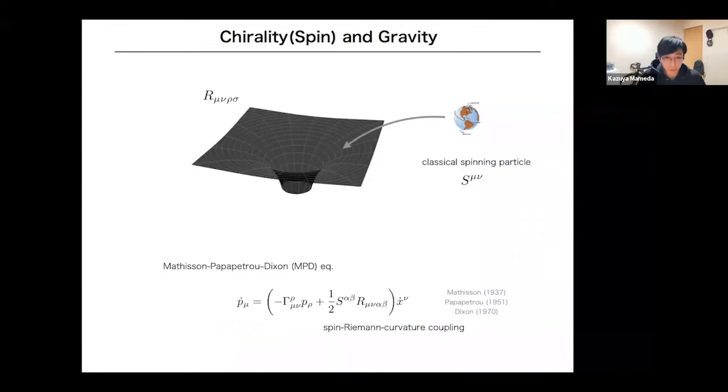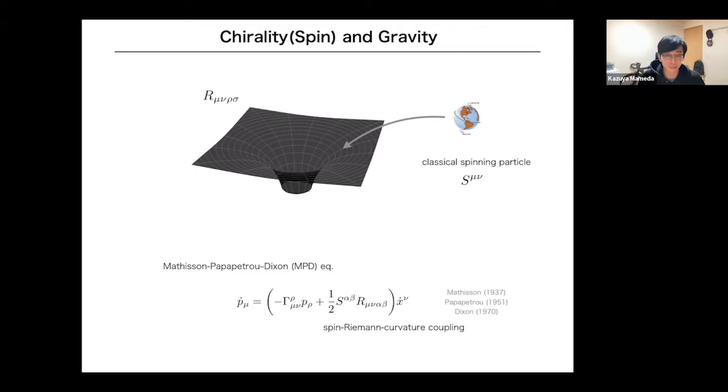The important point is that we have some correction term, which is proportional to S and R. And this is called the spin Riemann curvature coupling. And I want to emphasize again, this is just classical physics.